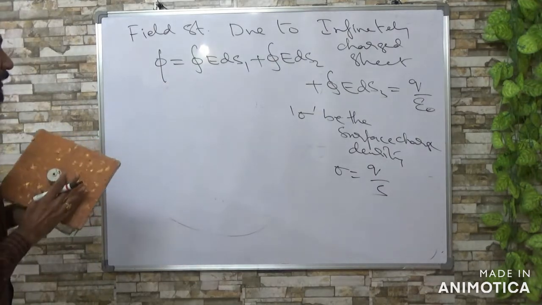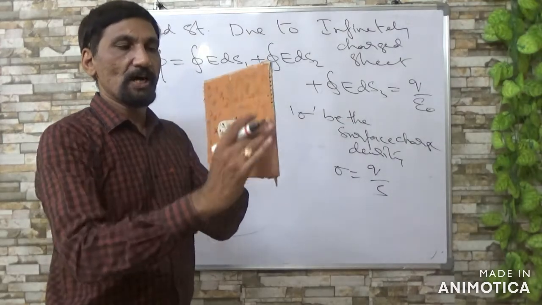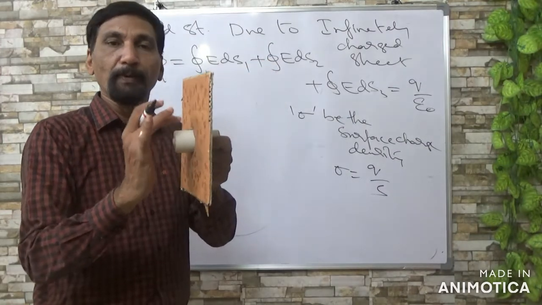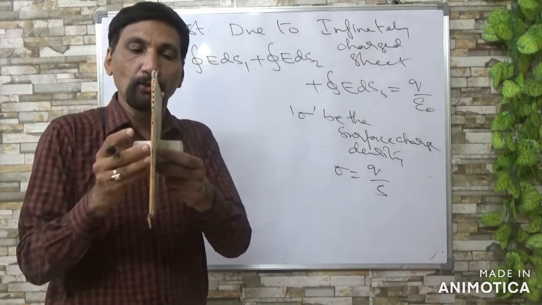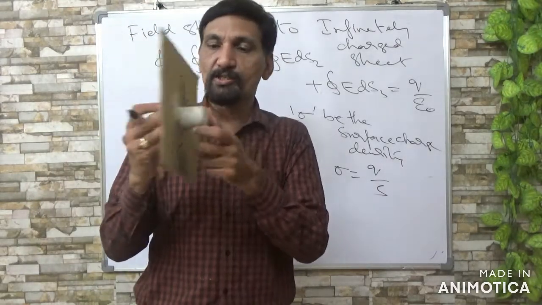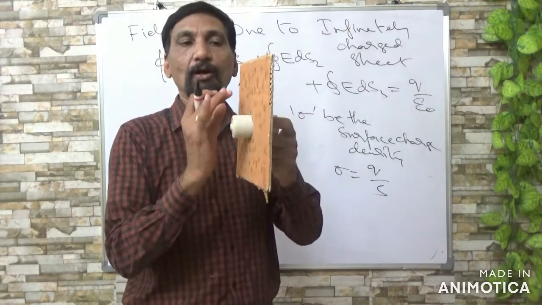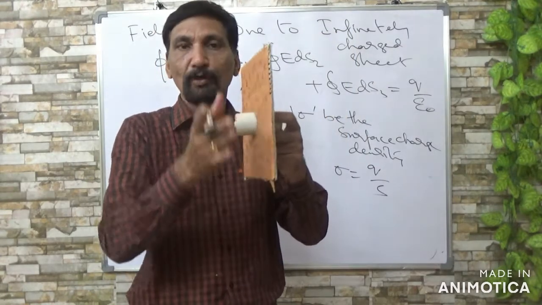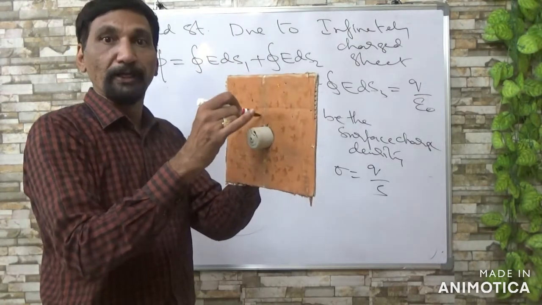Now, if you notice, this charge sheet is only perpendicular to the Gaussian surface, but the other two circular surfaces, this one and this one, are parallel.